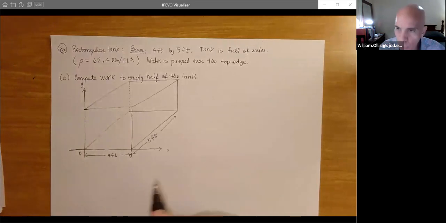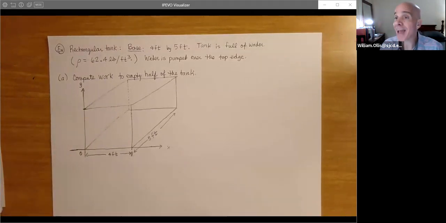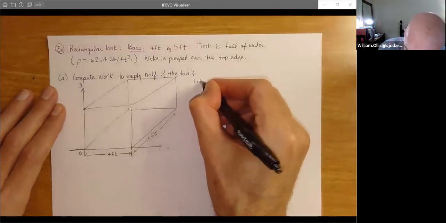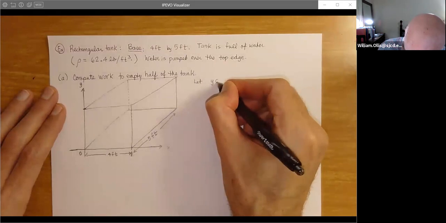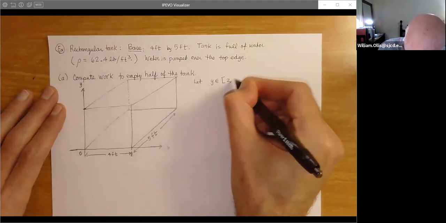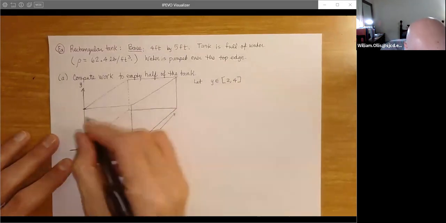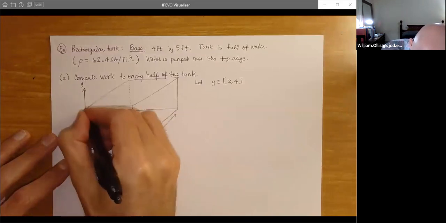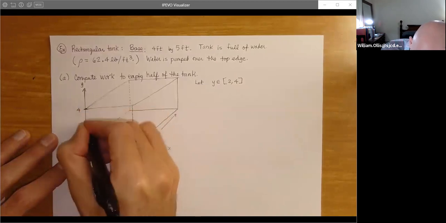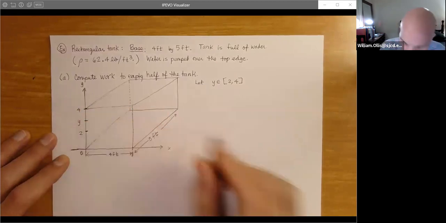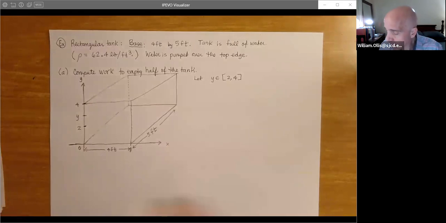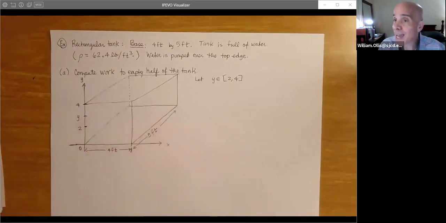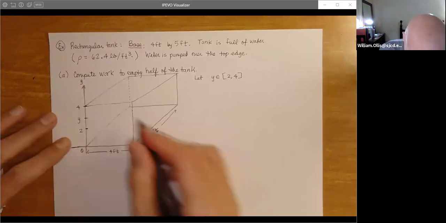Now, the idea here is that we want to remove the top half of the volume. So what we're going to do is let y live between 2 and 4. And so we can mark this off here as 2, and then here 4, and we'll just take a y in that interval. And now what we can do is draw a slab of water of thickness delta y.